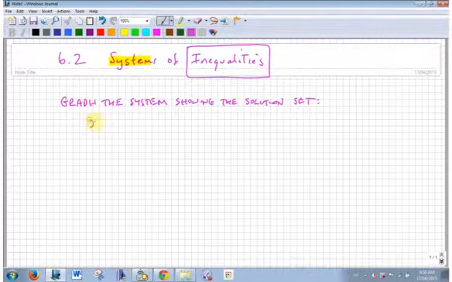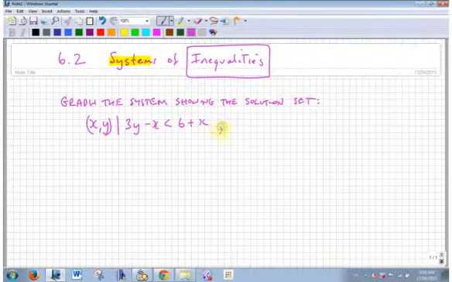So the book will say x, y, such that 3y minus x is less than 6 plus x, where x is all real and y is all real numbers.